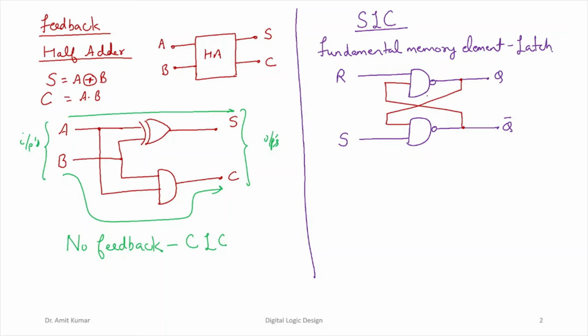Such an arrangement we call the feedback mechanism present in this latch. If S is 0 and R is 1, the output Q will be reset.